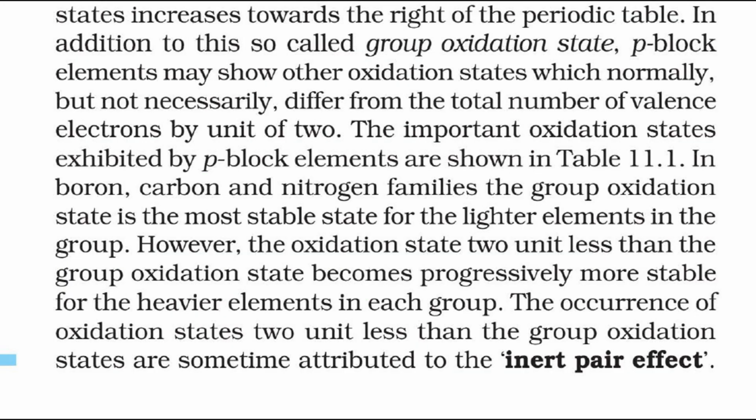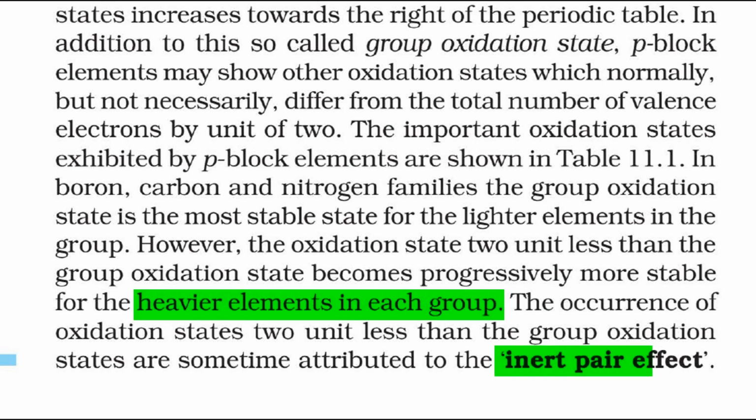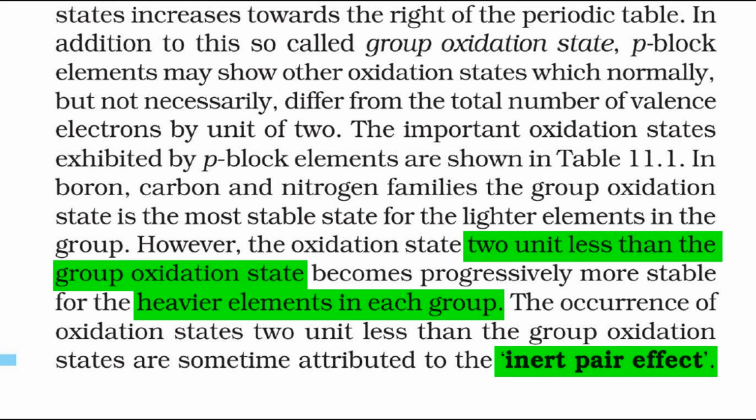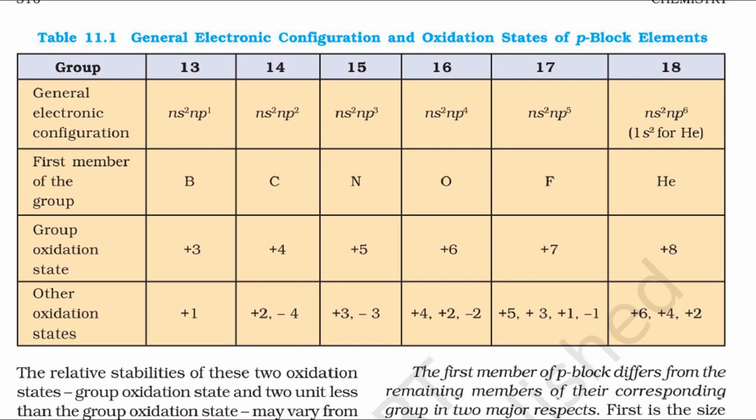But there is another oxidation state shown by heavier elements in the group due to the inert pair effect, whose value is generally 2 units less than the group oxidation state. To explain this, let's see table 11.1 from the book. As you can see in the table, in group 13, the boron family, the group oxidation state is +3 and the other oxidation state is +1, which is 2 units less than the group oxidation state.